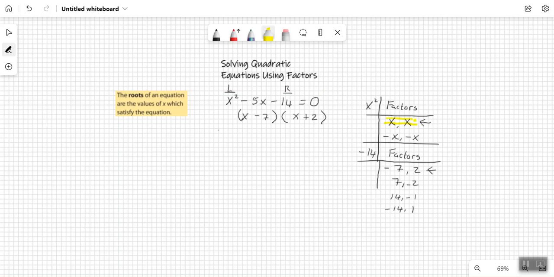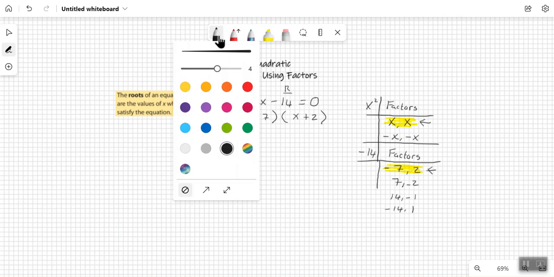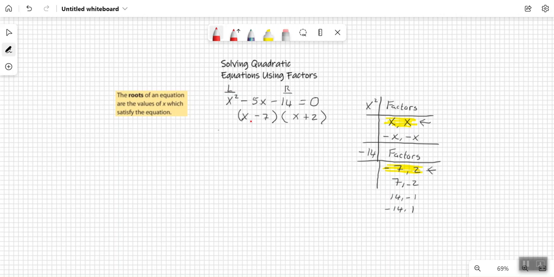Okay, so we're trying out these guys here and these guys here. So how do we know if it works? Well, we have to multiply it out. So what do we have to multiply? So we multiply, let's see now where we could do this.